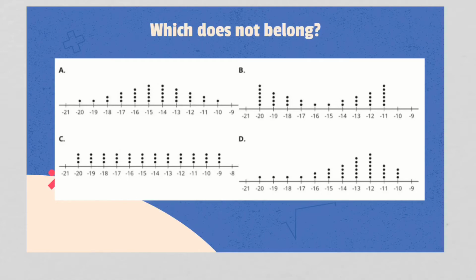So, if you were in class, I already handed out a paper that has the definitions for symmetric distribution, skewed distribution, uniform, bimodal, and bell-shaped.